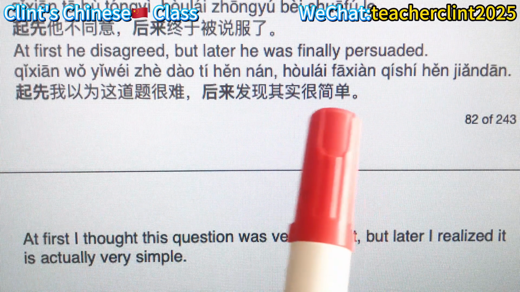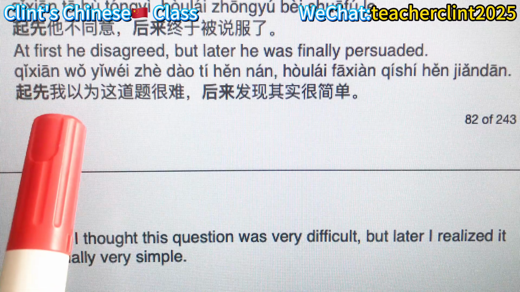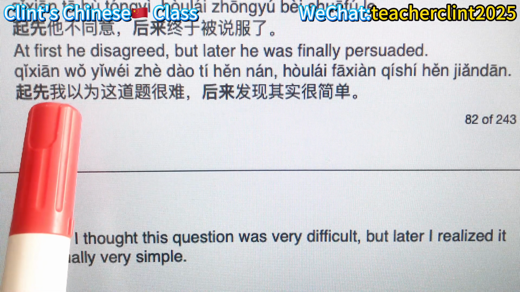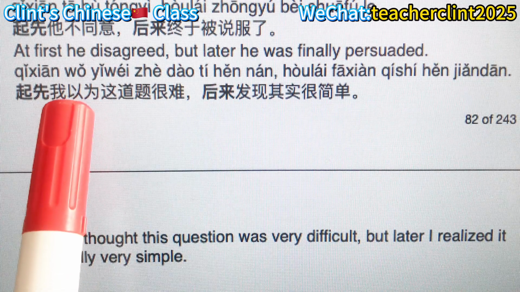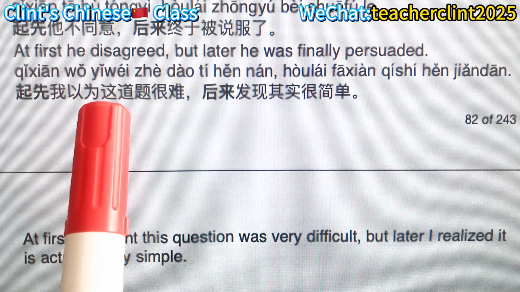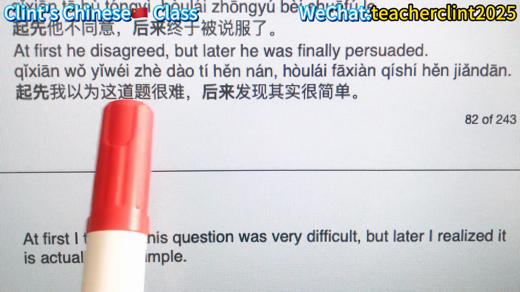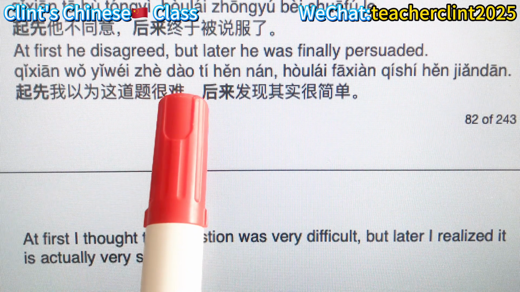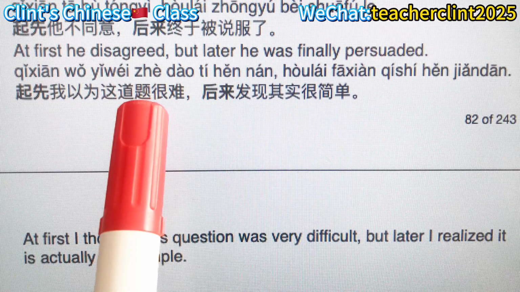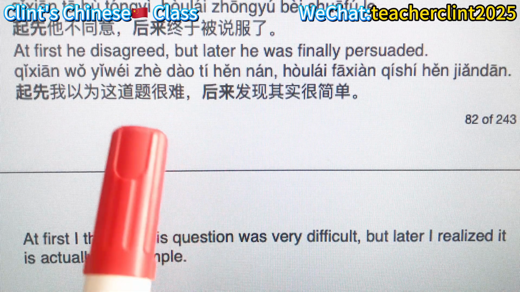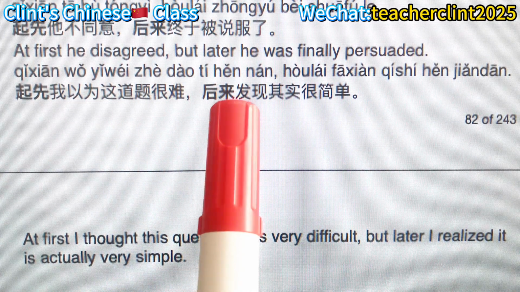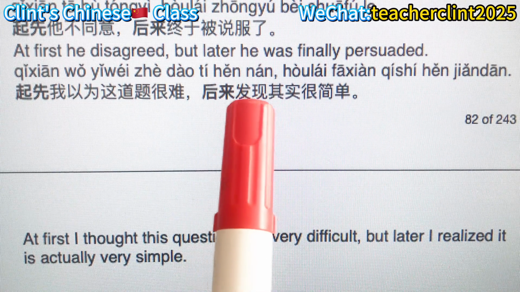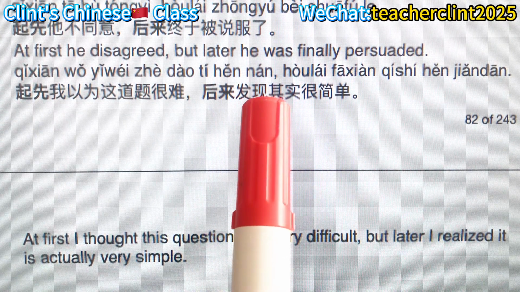To connect the two clauses. 我以为 I thought subject plus verb predicate. 这道题 this question or this problem 很难 very difficult. And then 后来 later on 发现 here we omit the subject like I found, right?